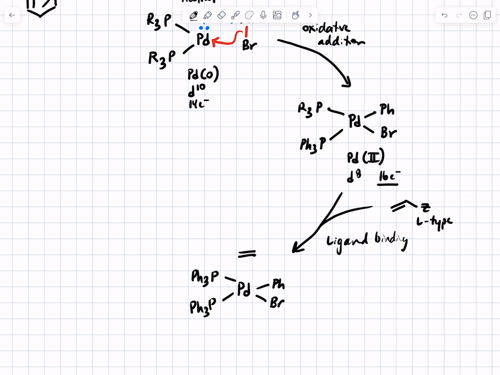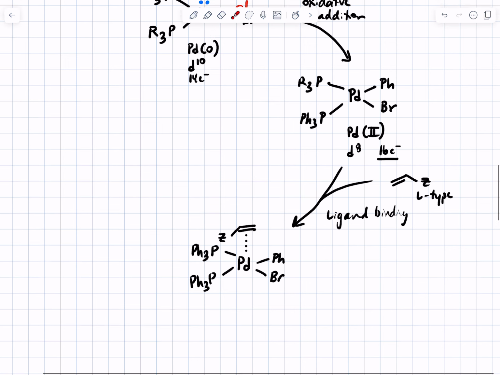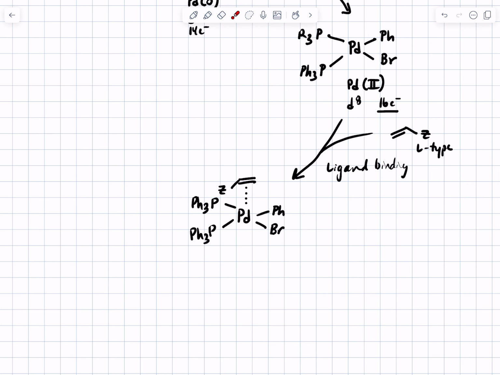It's thought that the pi electrons adopt a somewhat axial position above the metal, and we're going to use a dotted line to indicate that the pi electrons from the alkene are bonding to the metal. It's 3 atoms really involved in a 2 electron bond, the 2 carbons of the alkene and then the palladium, and these electrons come from the L-type ligand, the alkene.